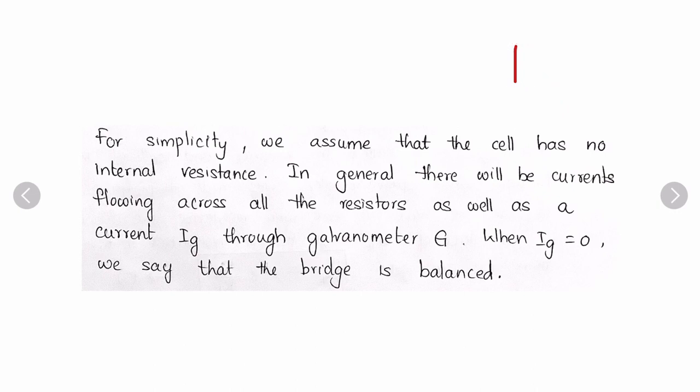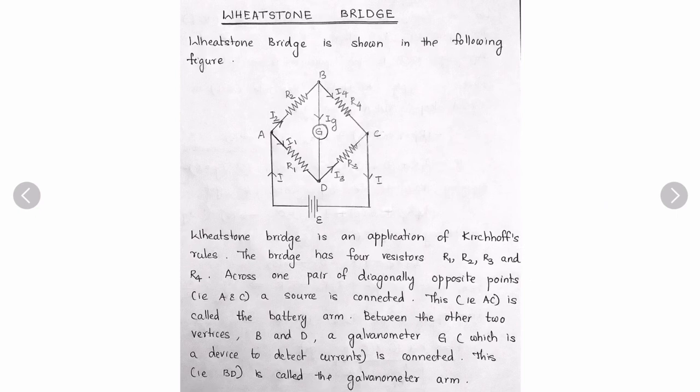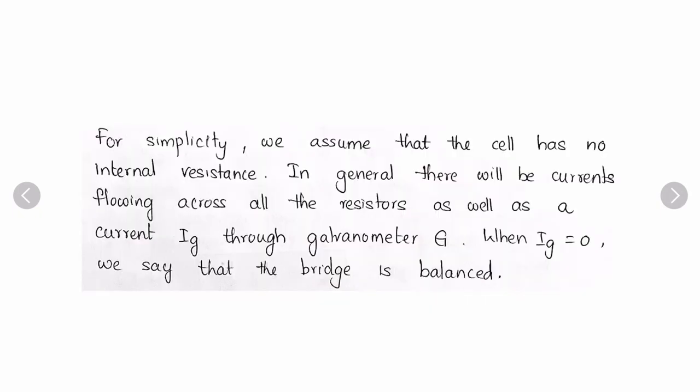Suppose Ig is equal to 0, that is the current through the galvanometer is 0, then it is a very important point to be noted here. We say that the bridge is balanced. When the current through the galvanometer is 0, that is when Ig is equal to 0, we say that the bridge is balanced.